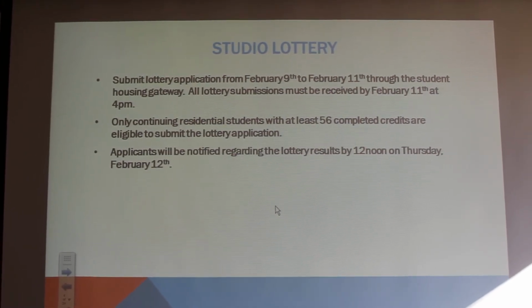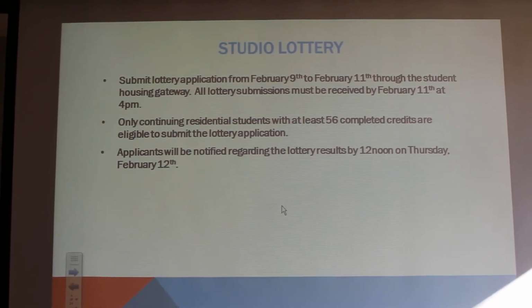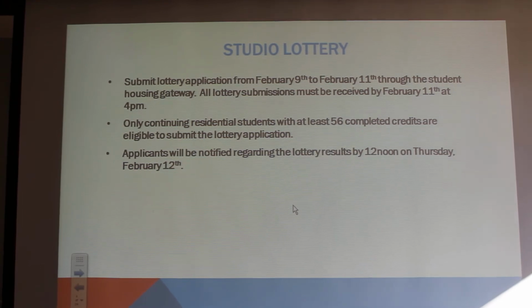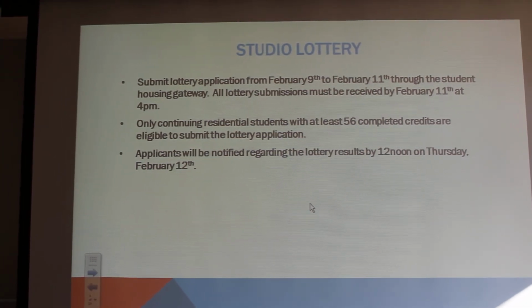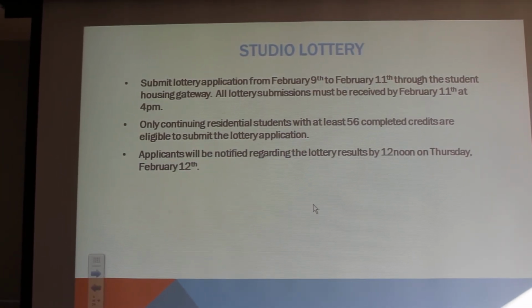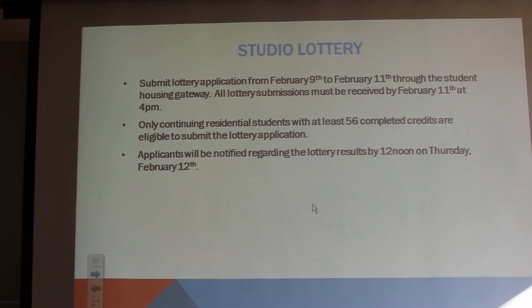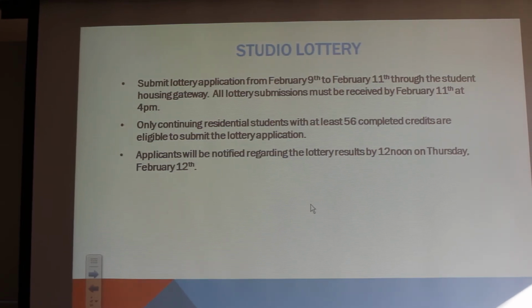The studio lottery. Any student that is interested in living in a studio apartment for the fall 2015, spring 2016 academic year that does not currently live in a studio apartment can submit a lottery application from February 9th to February 11th through the Student Housing Gateway.